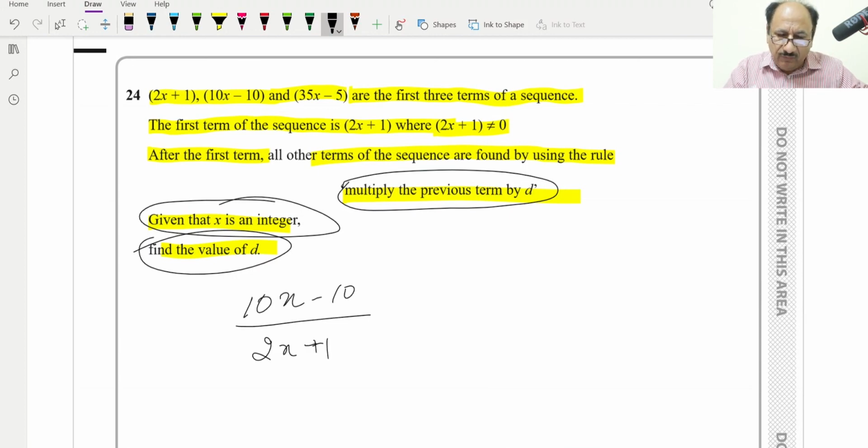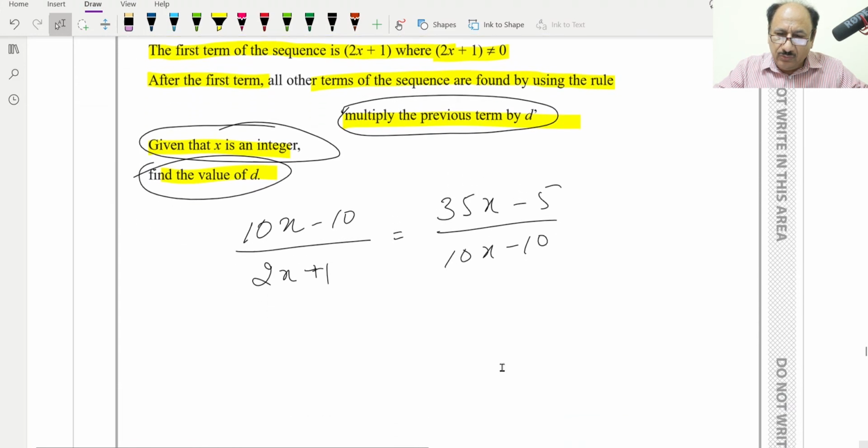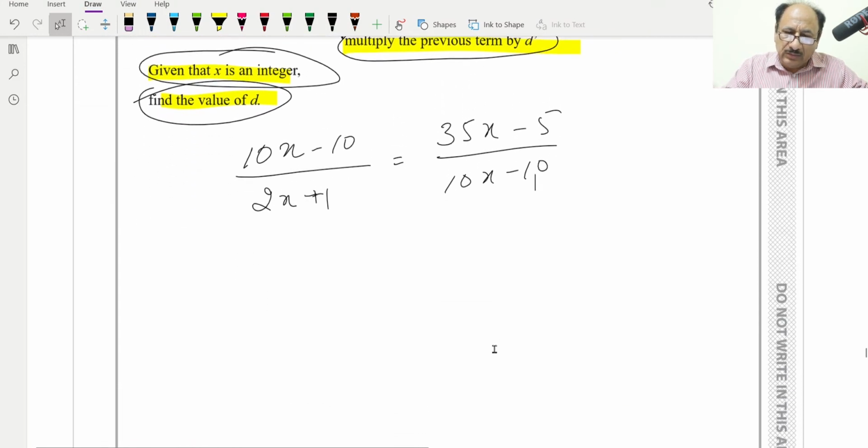The ratio between these will be the same as the third term divided by the second term, which is over 10x minus 10. So these ratios will be the same. So now we will cross multiply.